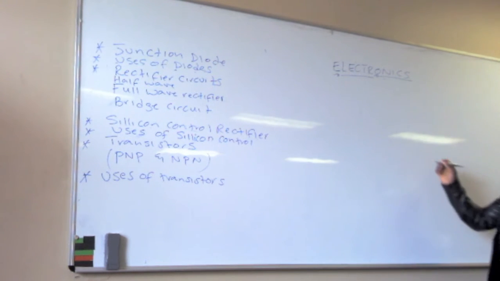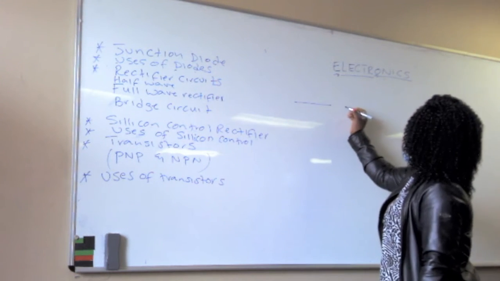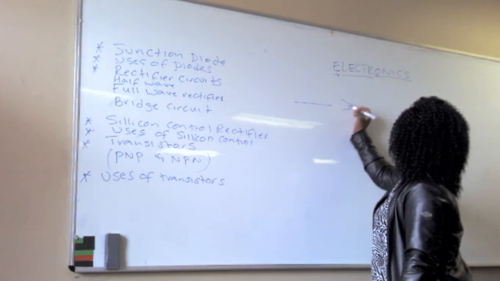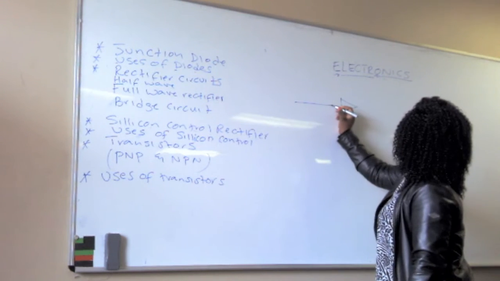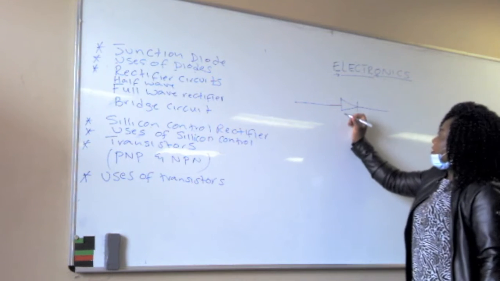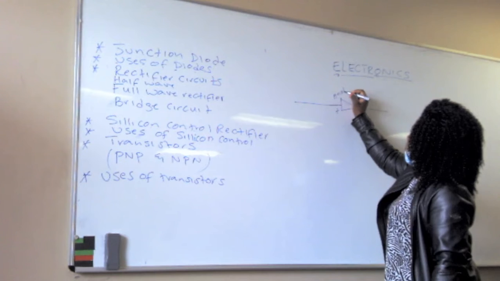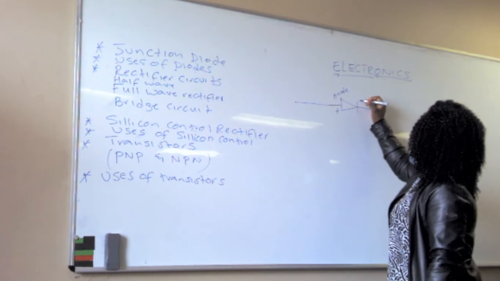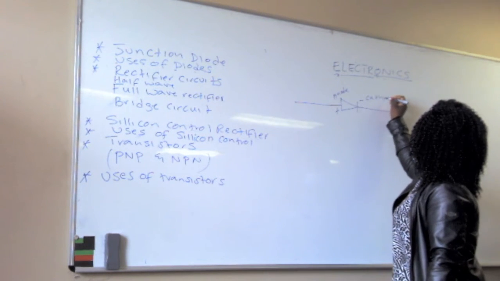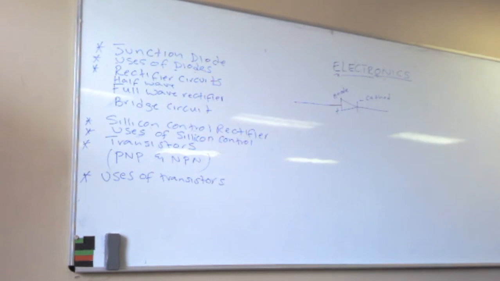The symbol for the diode is a line, which is a wire, and then you draw this and that, and then the wire comes here. This is your positive side, which is the anode, and this side is the negative side, which is the cathode. That is the symbol for the junction diode. I'm saying it is used to allow current to flow in one direction.